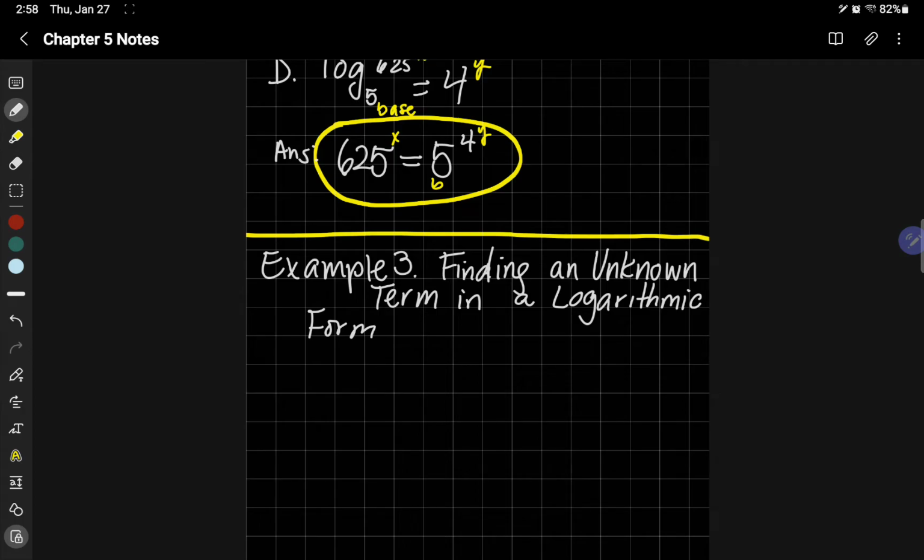This is going to be very interesting. Finding an unknown term in a logarithmic form. Find y in each equation. Okay, this is what the question is. Find y.